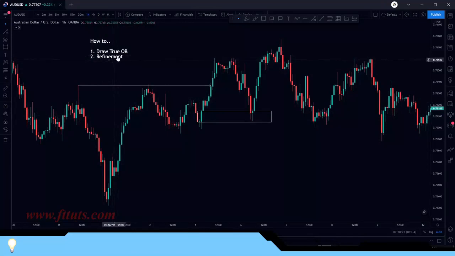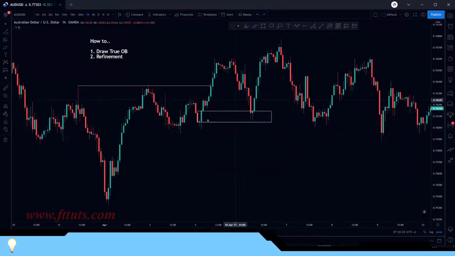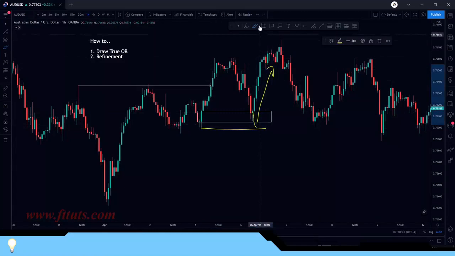And how can we refine this order block to factor in more information for maximum precision? The first thing we can do is, of course, factor in the wick lows. Because we know that that area could be an area where price almost taps into and then moves to the upside, so we don't want to ignore this information.